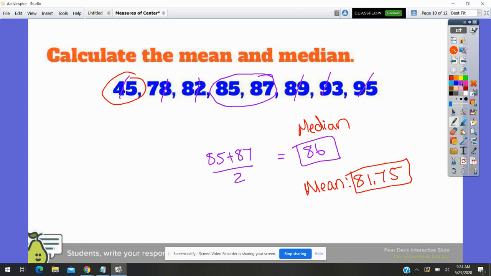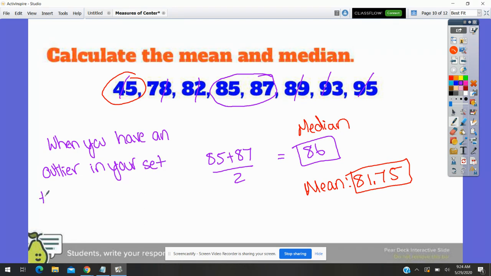Okay, so I'm just going to write this so you can write this in your notes. When you have an outlier in your set, the median is a better representation of the data in your set.